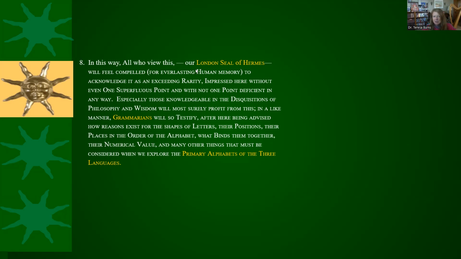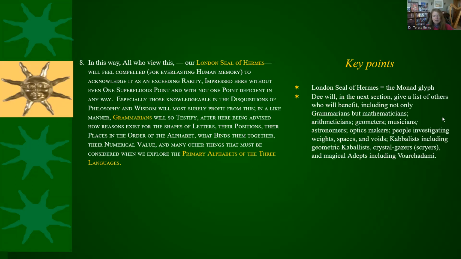Notice he has put this whole thing in caps. He thinks it's important, and it is. The London seal of Hermes is the monad glyph, of course. So he talks here about grammarians. Now, in our very next section, you're going to get a sort of roll call or a list of other people who are going to benefit. And it's a wonderful list.